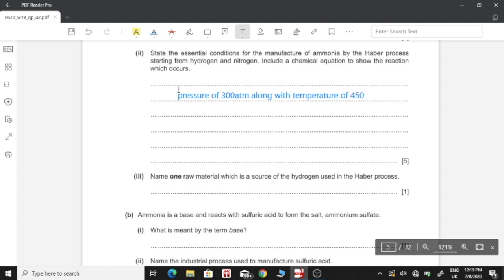At 450 degrees Celsius and a catalyst of iron beds. Right, so these are the conditions required, and then we're supposed to write the chemical equation.